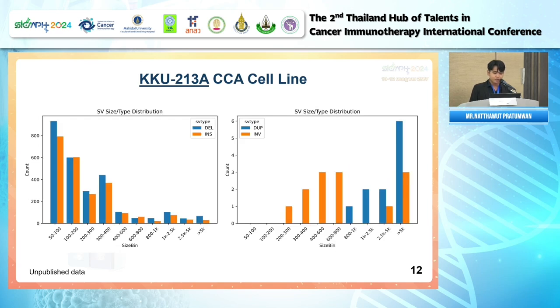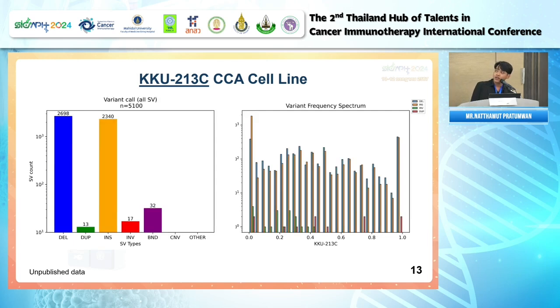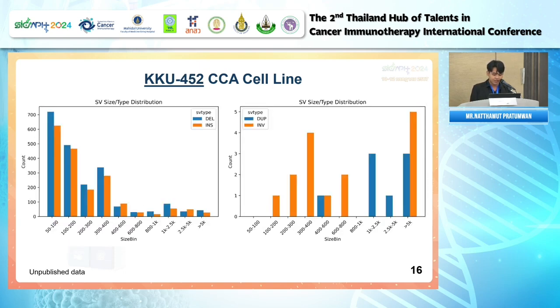The size of the variants for deletions and insertions stays within the range of about 50 to 100 bases, and for duplications and inversions, it is more than 5,000 bases. The other three cell lines show similar results, that the most common variants are deletions and insertions, similar to KKU220A, like this.